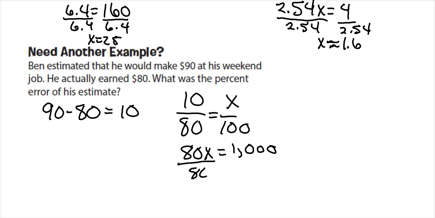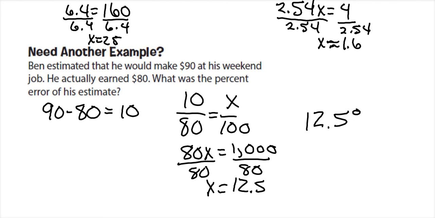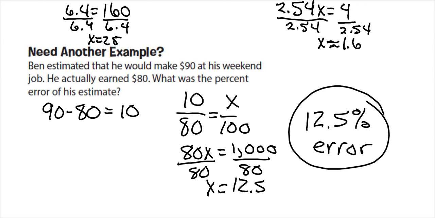Divide that by 80. So we're going to do 1,000 divided by 80. That's 12.5. So there was a 12.5% error. And there we go.